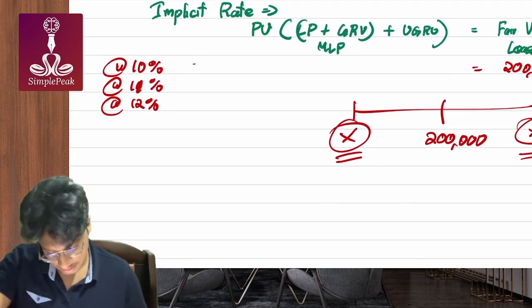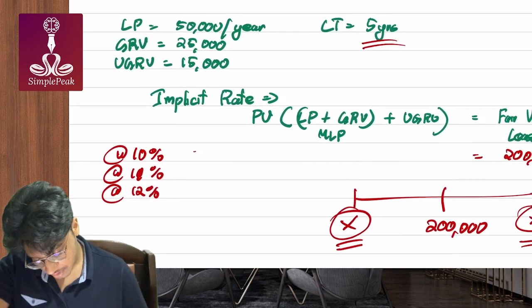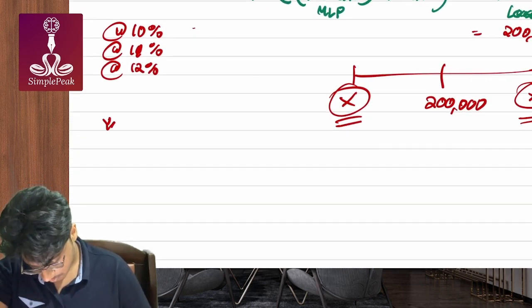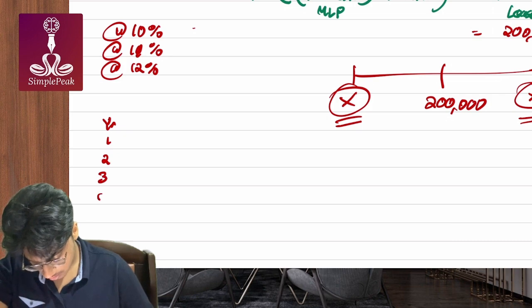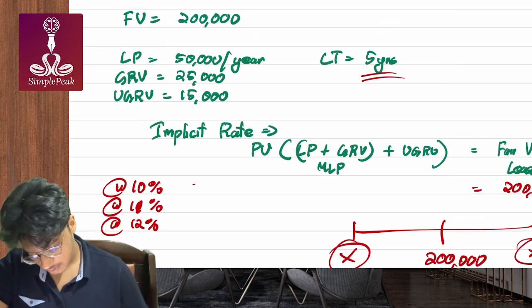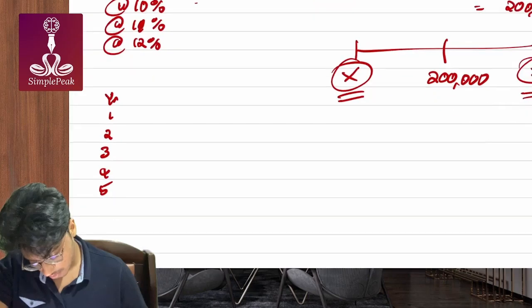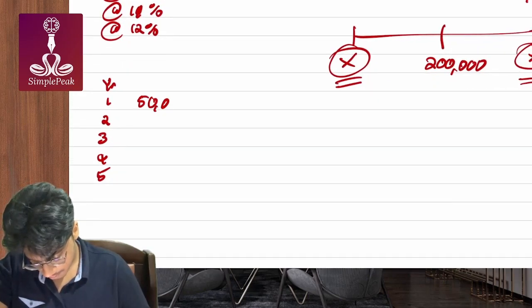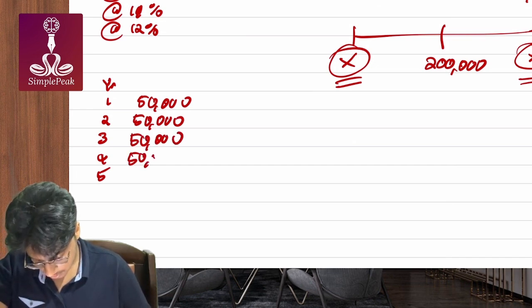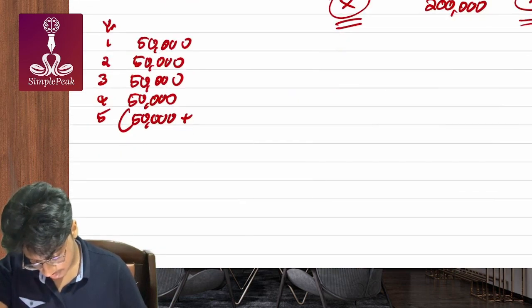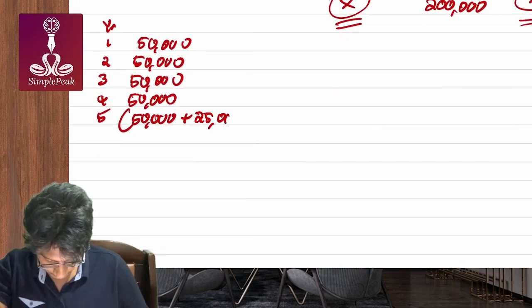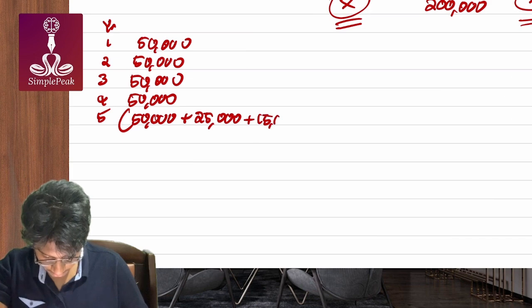Let me give an example. At 10 percent, if you compute the present value, years 1, 2, 3, 4, 5, that will be 50,000, 50,000, 50,000, 50,000, 50,000 plus 25,000 plus 15,000.